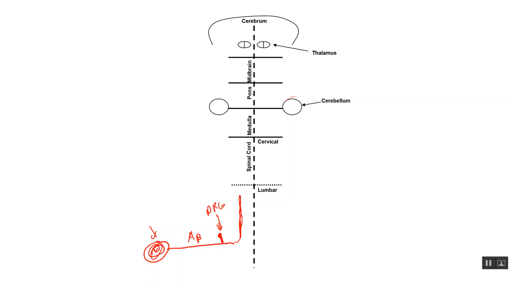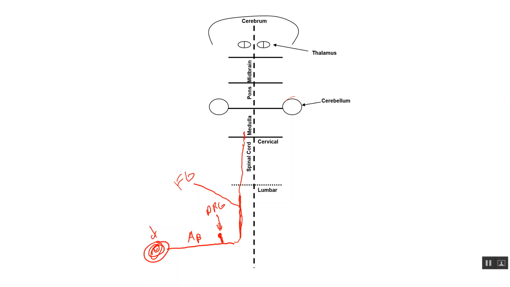And in that dorsal column here, it's going to be called the fasciculus gracilis, right? So fasciculus gracilis. It goes up, stays the fasciculus gracilis in the spinal cord.